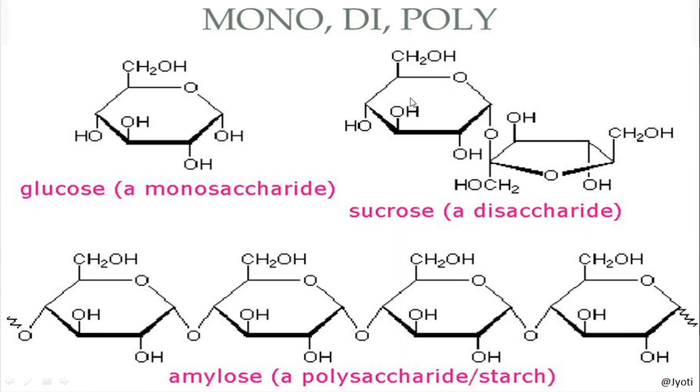These two monomers are attached with one another and they form sucrose. Okay, so sucrose is formed by the linkage of two monomers, that is glucose and fructose. So this is a disaccharide.